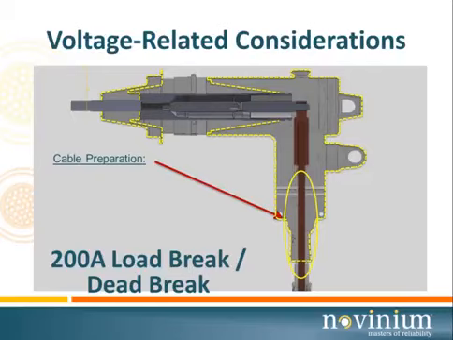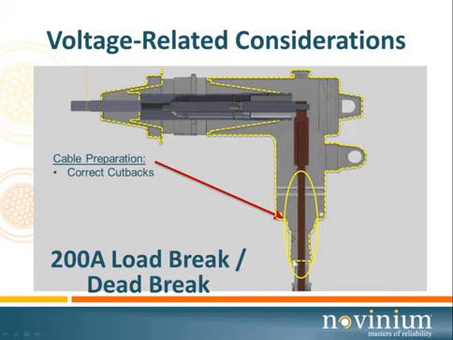Cable preparation. Before, we were keying on cable preparation as it related to the area of the conductor. Now we're looking at cable preparation on the insulation surface. An important thing is that the cutback is correct.